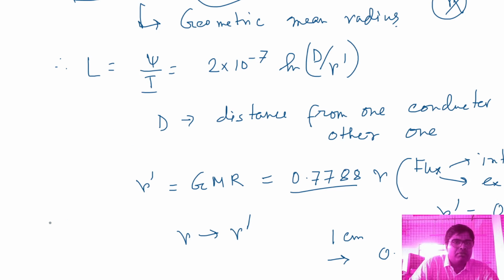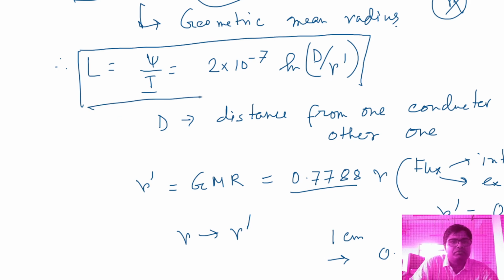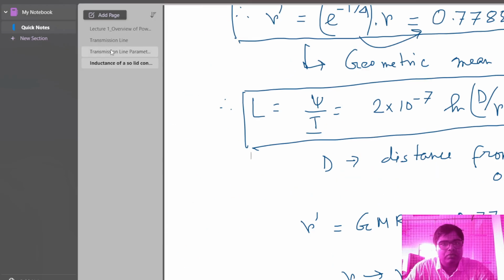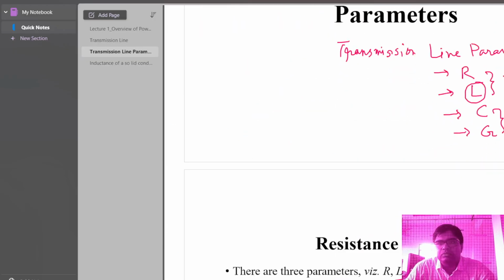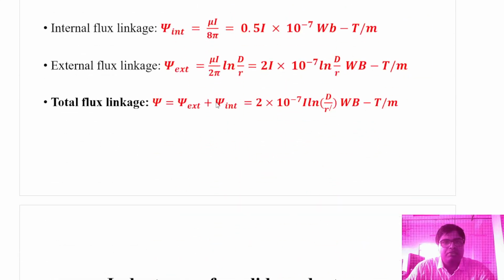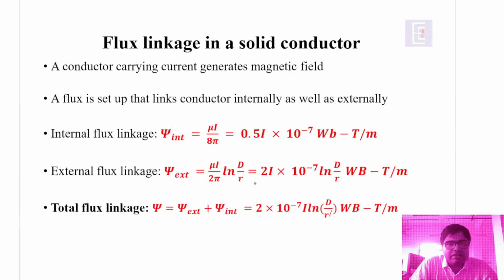So this is the formula for inductance of a solid conductor. As can be seen, internal flux linkage is this, external flux linkage is this.